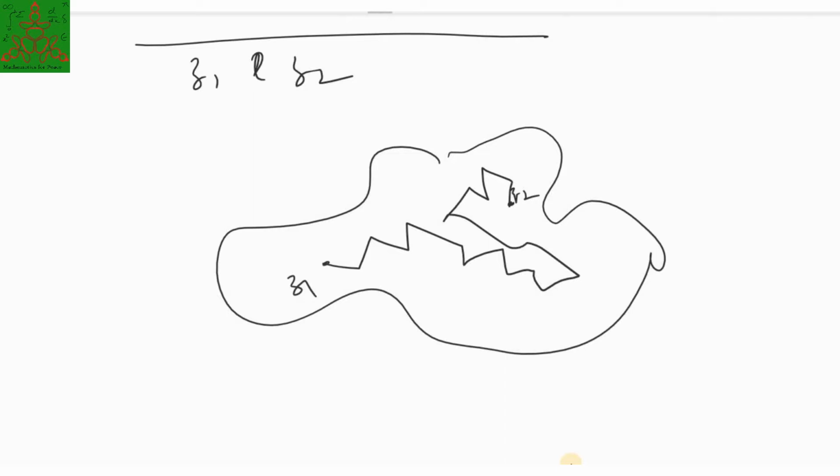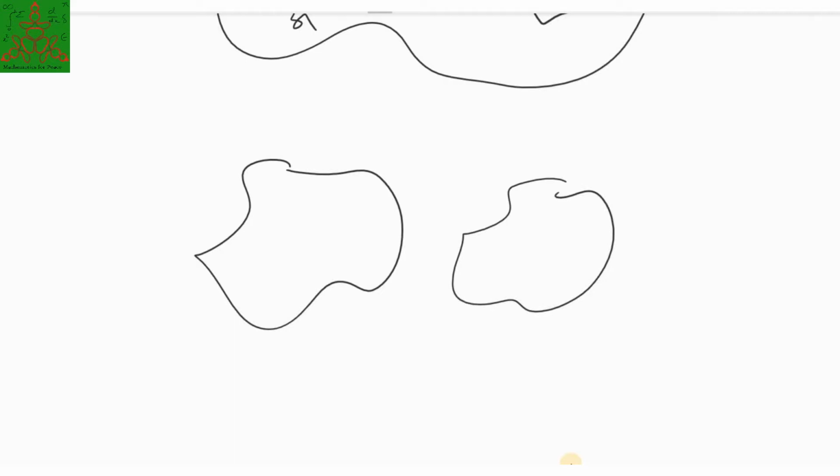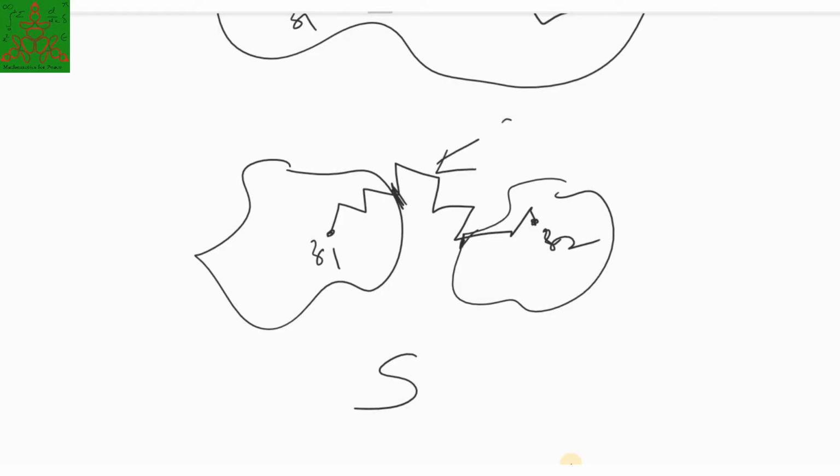For example, if I consider this set, and I have another set here, and this total set is S. If I have a point Z1 here and Z2 here, then I can try to join them by a polygonal line, but this portion from here to there does not lie in S. That's why this set S is not a connected set.